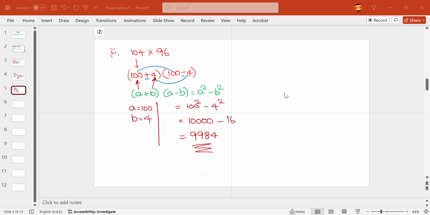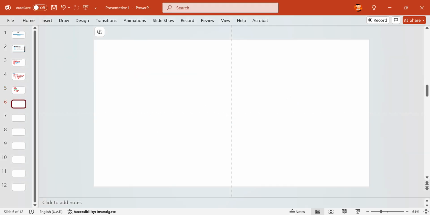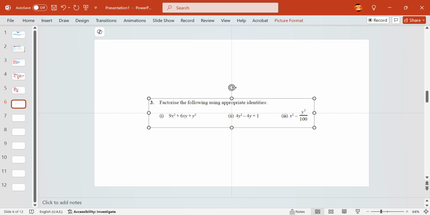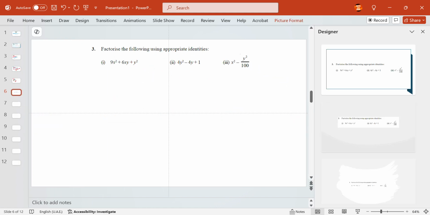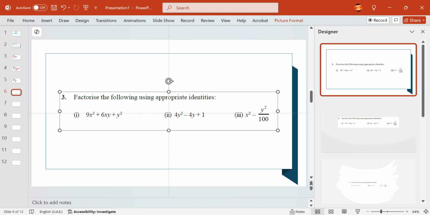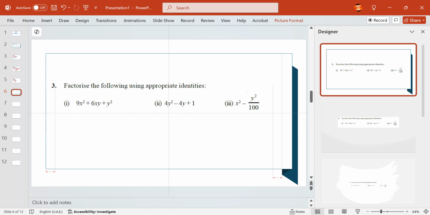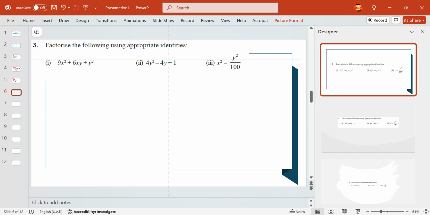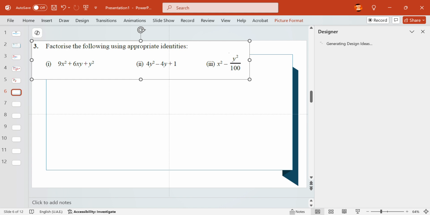Now instead of simplifying, what is the third question he is asking? Very good. This question is also based on the first four identities which we have learnt, and now he is asking us to factorize.